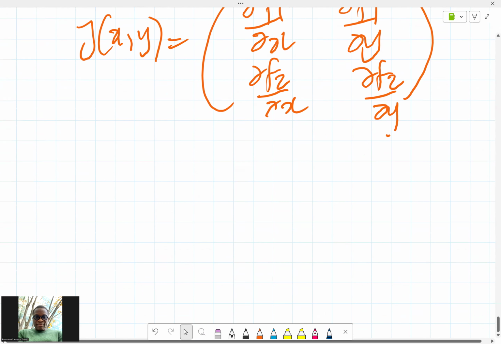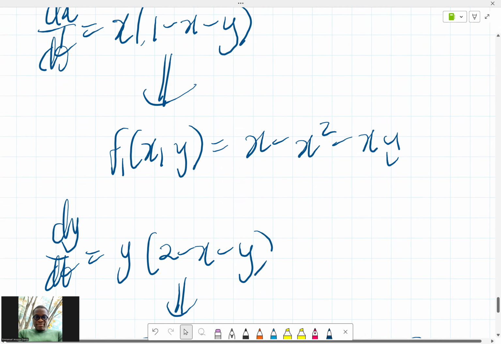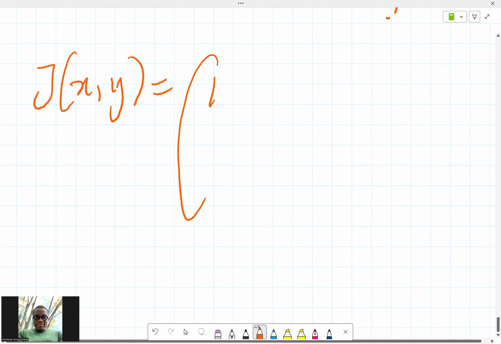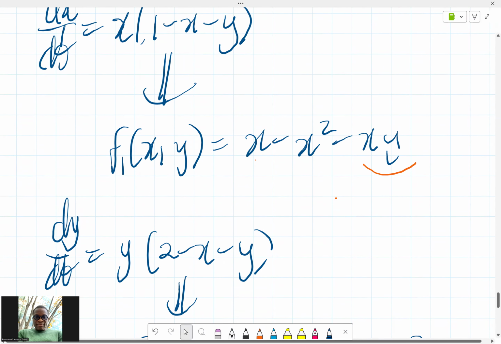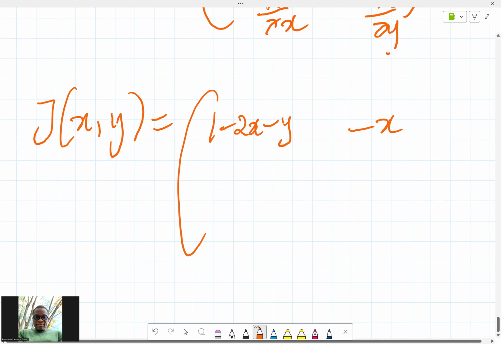In that case, partial f1 partial x: we differentiate x here, that's 1 minus 2x minus y. Then partial f1 partial y. This is the only y here, so we have minus x.